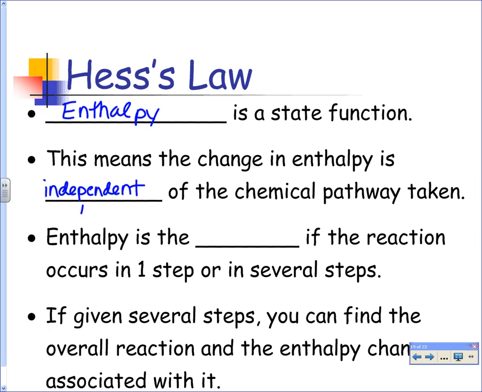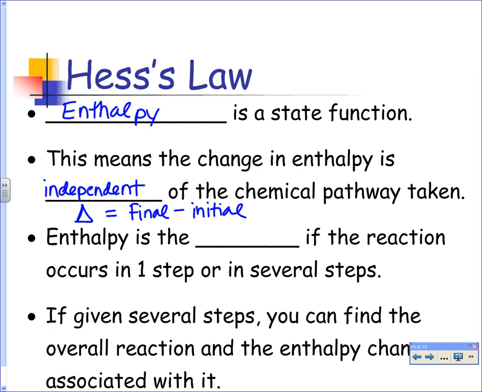Remember, anytime you can put a triangle in front of something, it's probably going to be a state function. That triangle means we really only care about where did we end up and where did we start. We don't really care about the path in between. Where did we start? Where did we end up? What's the change?